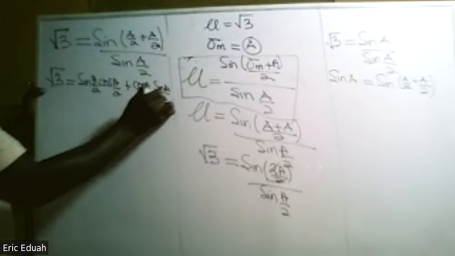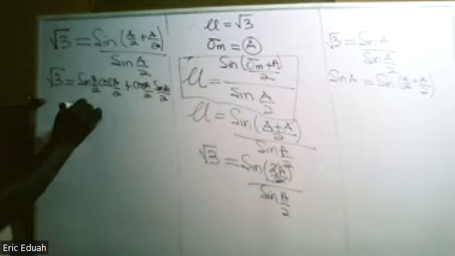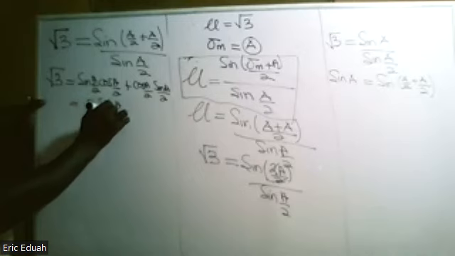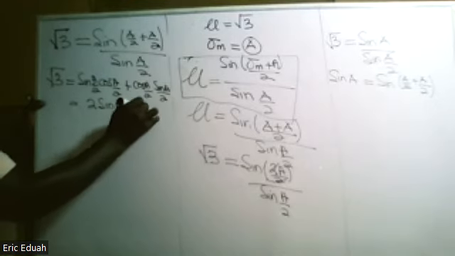Since multiplication is commutative, this will simply give us 2 sine A on 2 cos A on 2.